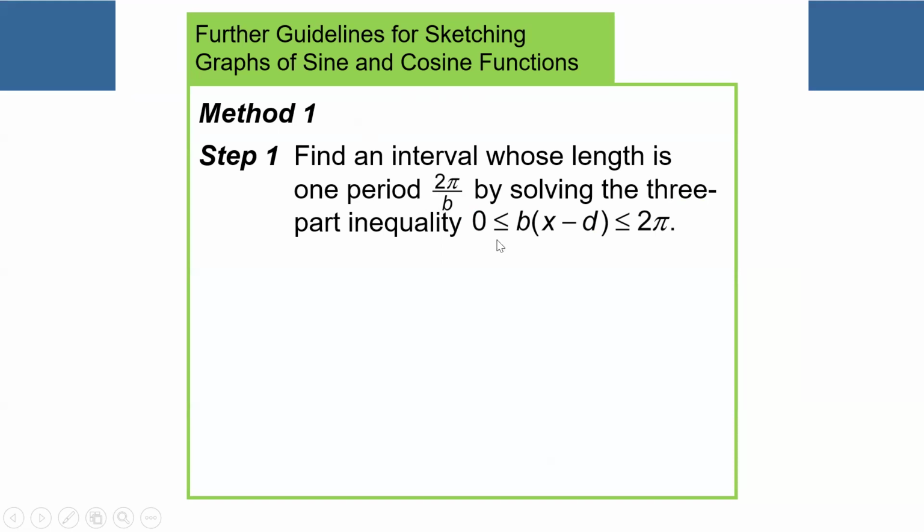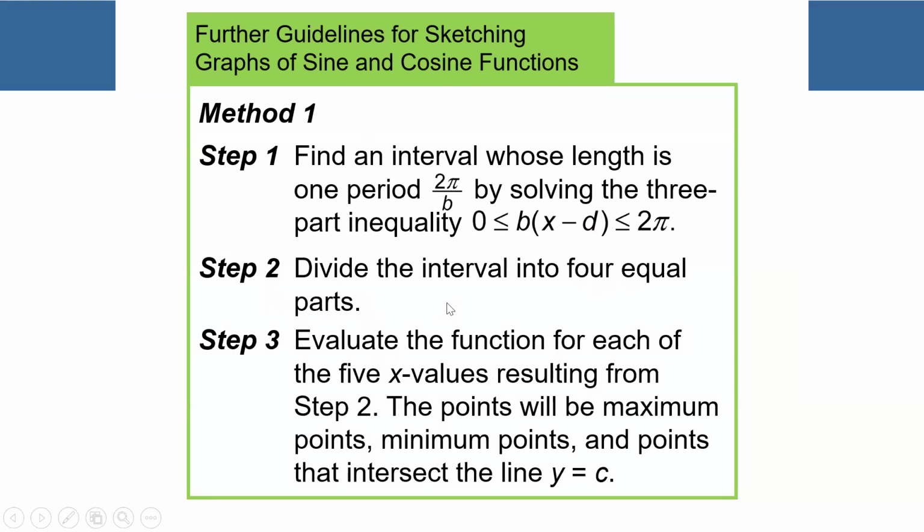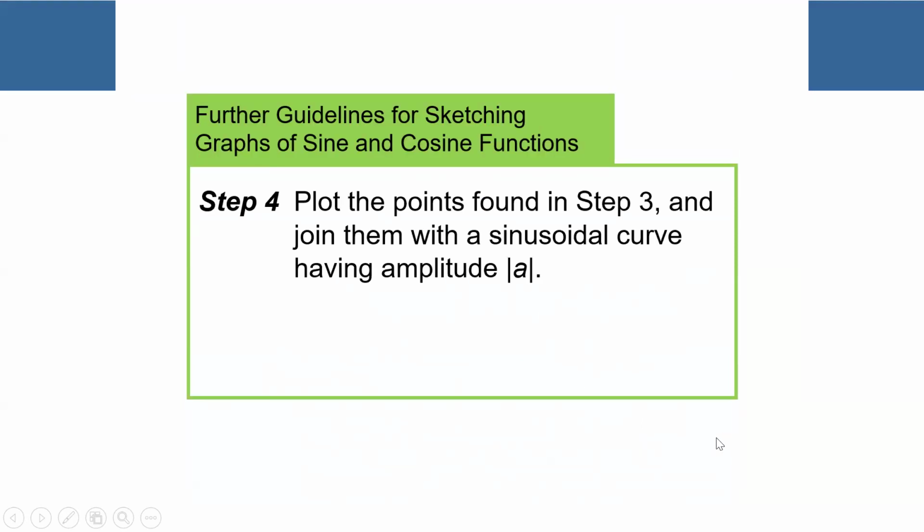To do that, you set up your inequality and get your x by itself, and then you'll have the beginning and the end of that one period. Step 2 is to divide it into the 4 parts by finding your averages, your halfway points. Then you evaluate the function for each of the 5 x values, identifying your max, your min, and where your intercepts would be, and including those shifts.